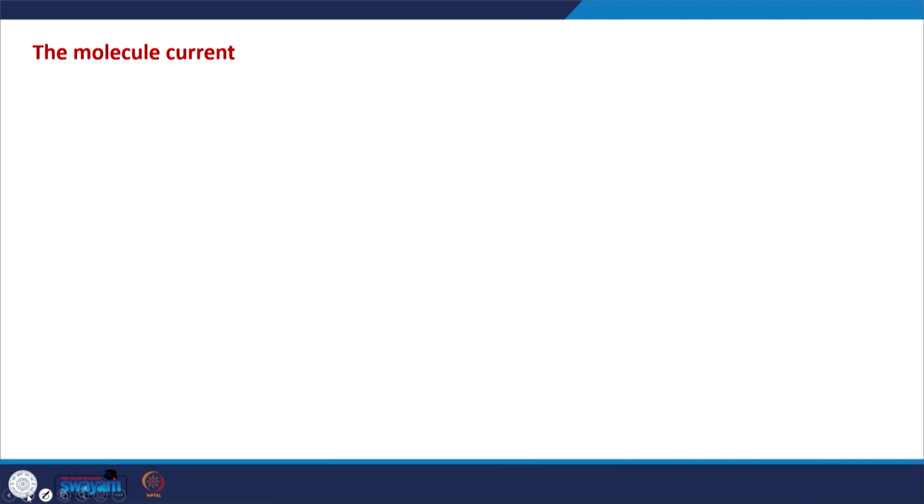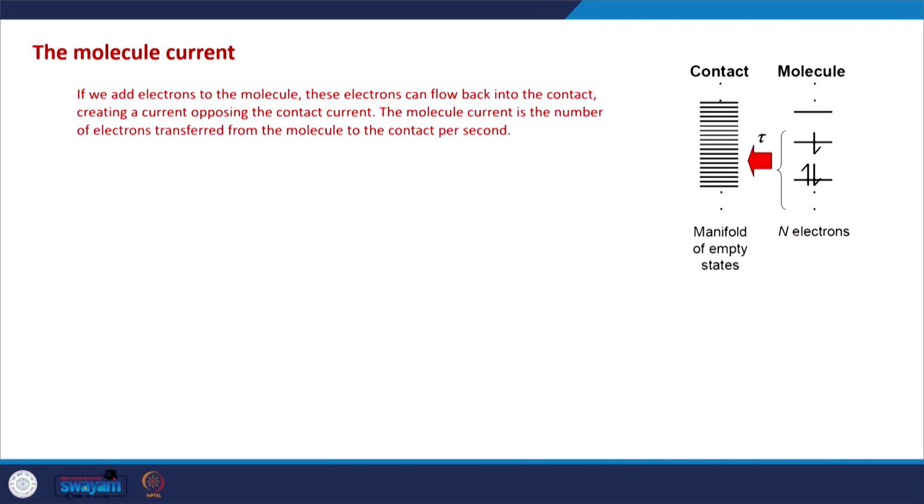Now let's come to the molecule current. The molecule will have n number of electrons in the steady state, and if these electrons see any empty state in the contacts, then these electrons can hop from the molecule to the contact. The contacts, as all of us know by now, have a continuum of states, so if we go by the Fermi distribution function at finite temperature, there might be empty states corresponding to the filled energy levels in the molecule.